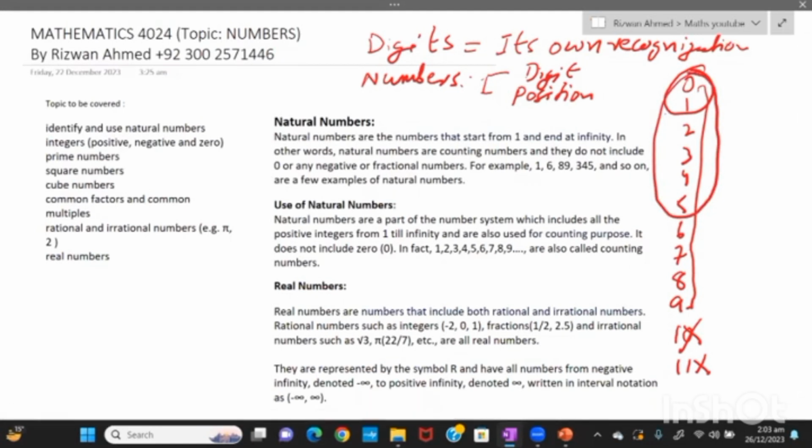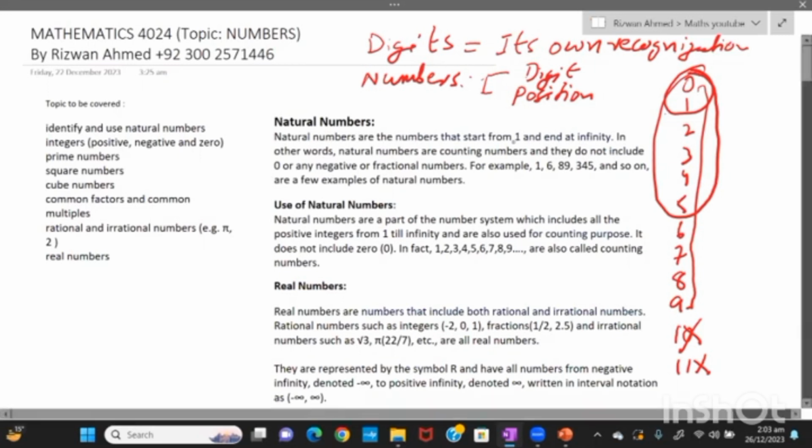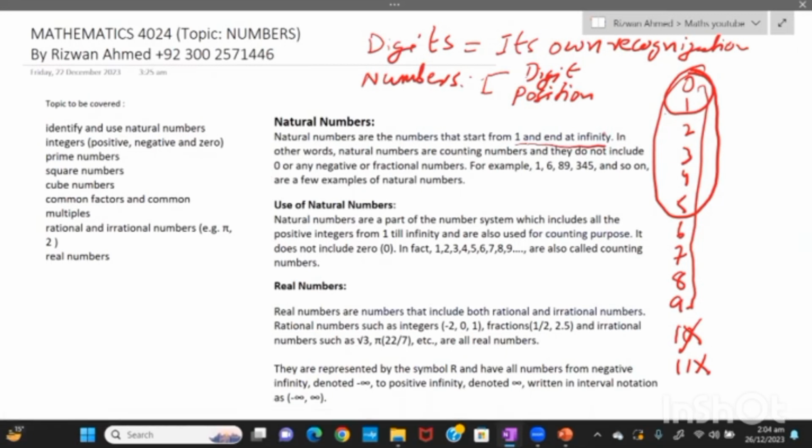Today our topic is numbers. First of all, we must know about the natural numbers. Natural numbers start from 1 and have no limit, they are infinite. It might be 1, 6, 12, 13, 89, 345, like this.